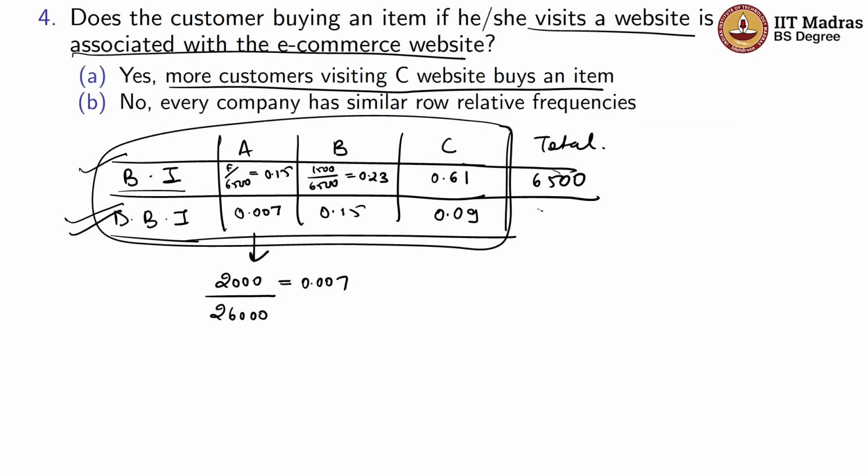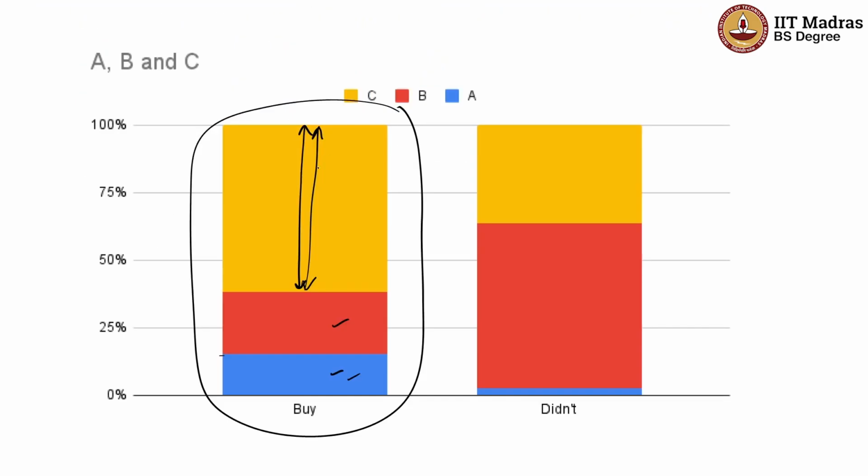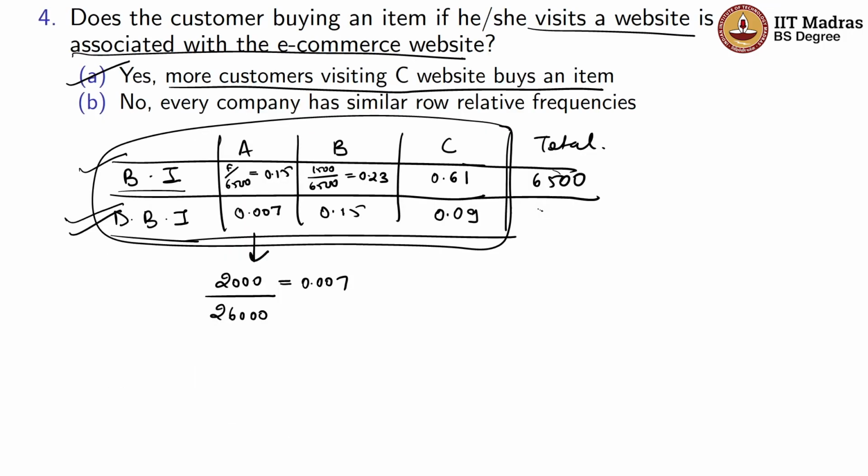So option A is correct, which is more customers visited C website to buy an item. And we can see here that they did not have the same relative frequency, so they are associated. And if we look at this graph, we can see from website C people have bought an item mostly. So our answer A is the correct answer.